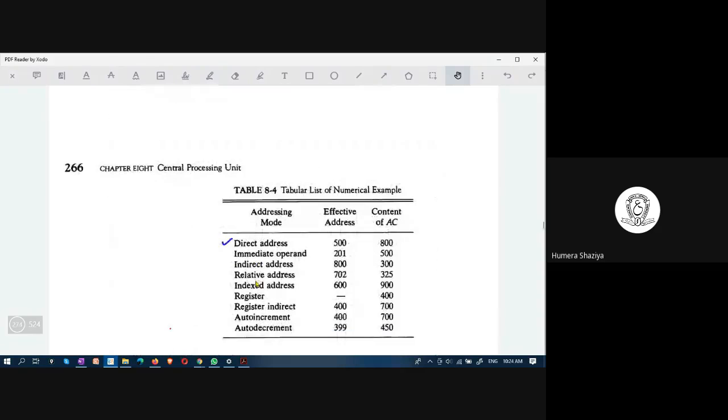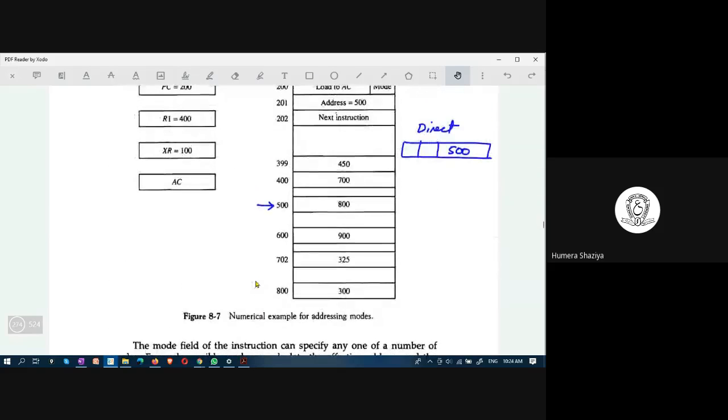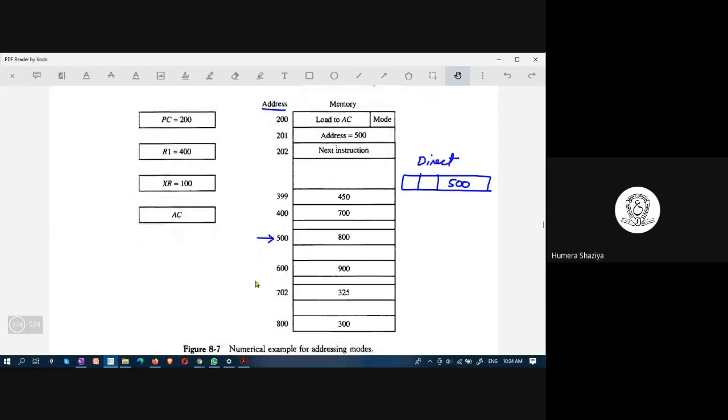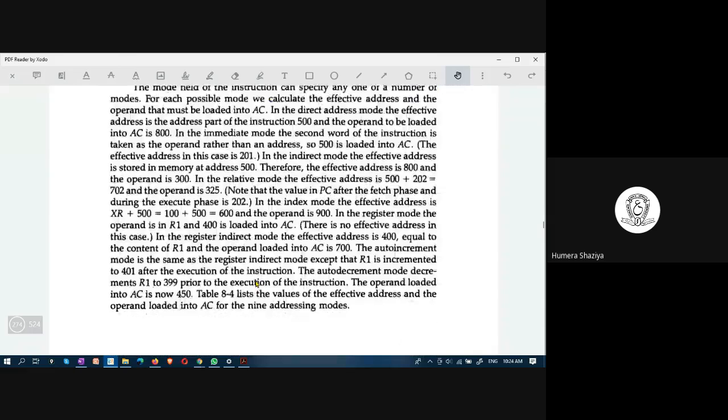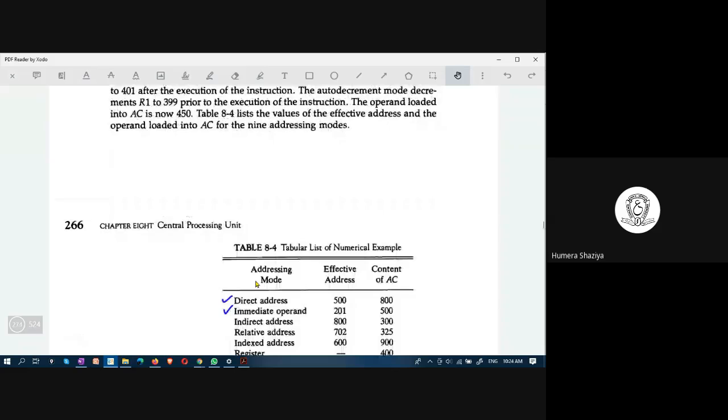Moving on to immediate operand. Immediate operand means the effective address is 201 and the content of AC is 500. 201 is what? 201 is the effective address.